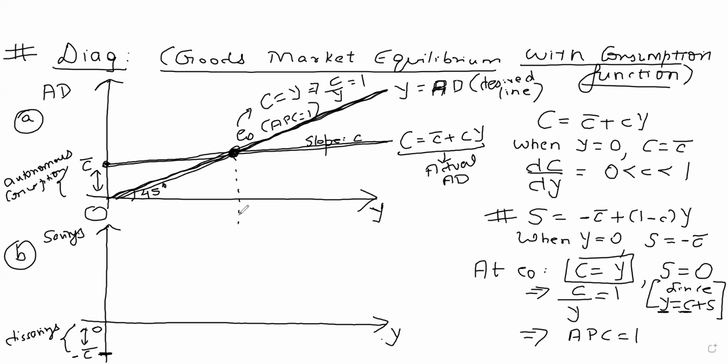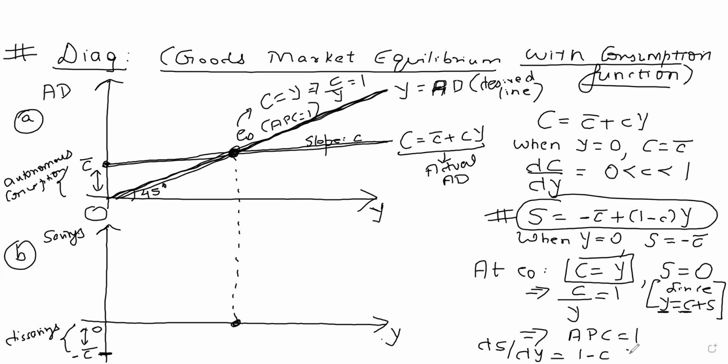So I can map it down. My savings is 0. And what's the slope of the savings function? 1 minus c. If I differentiate this with respect to Y, dS by dY is 1 minus c, which is again positive. That means my savings function is upward sloping.